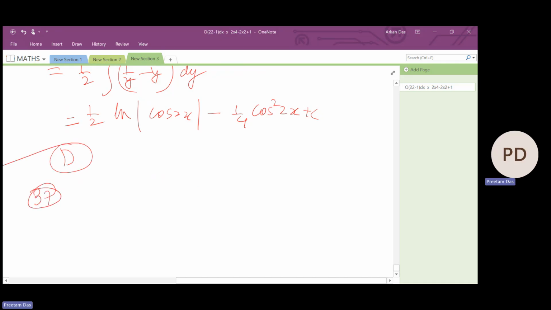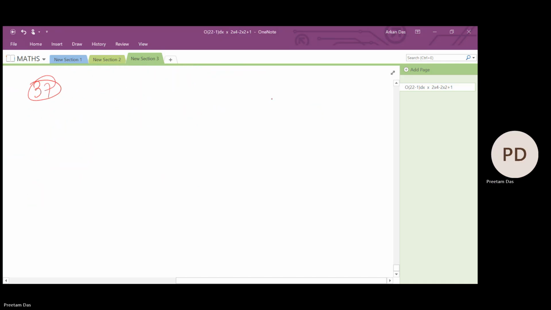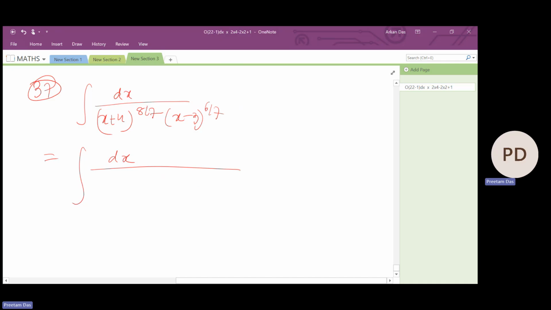Question 37. Very important category and again of JEE. So dx over (x plus 4) to the power 8 over 7, (x minus 3) to the power 6 over 7. I have to create a fraction in the denominator. That can be either (x plus 3) by (x minus 3), or (x minus 3) by (x plus 4), either this or this, whichever works.